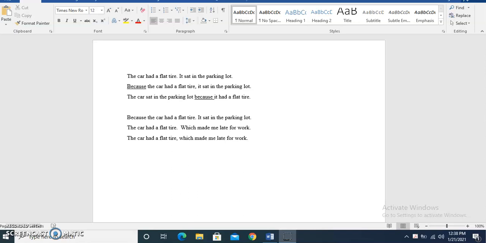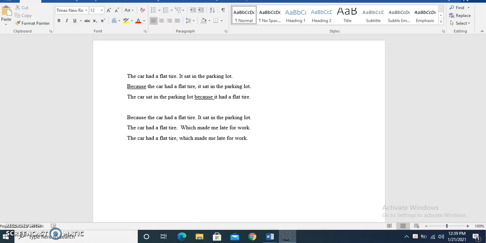And notice that while a lot of times you'll see these subordinating conjunctions at the beginning of the sentence, they can come in the middle too. So I just rearranged these two independent clauses and connected them with this word because in the middle. The car sat in the parking lot because it had a flat tire. Still getting the same ideas across.